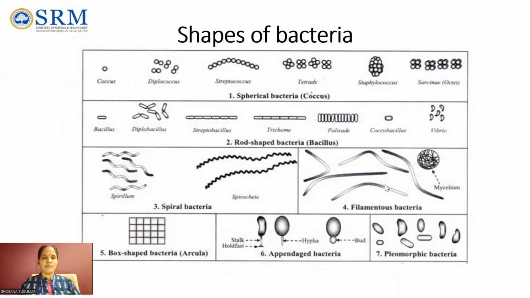Coming to the shapes of bacteria, commonly three shapes are available. One is coccus, the second is rod shape, and the third is spiral shape.